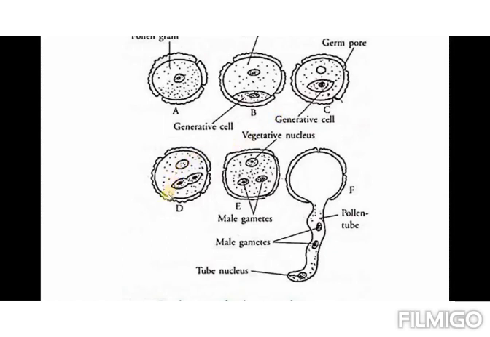Come to the next diagram, D diagram. Yes, this is the important diagram. See, this was the vegetative cell and this was the generative cell.